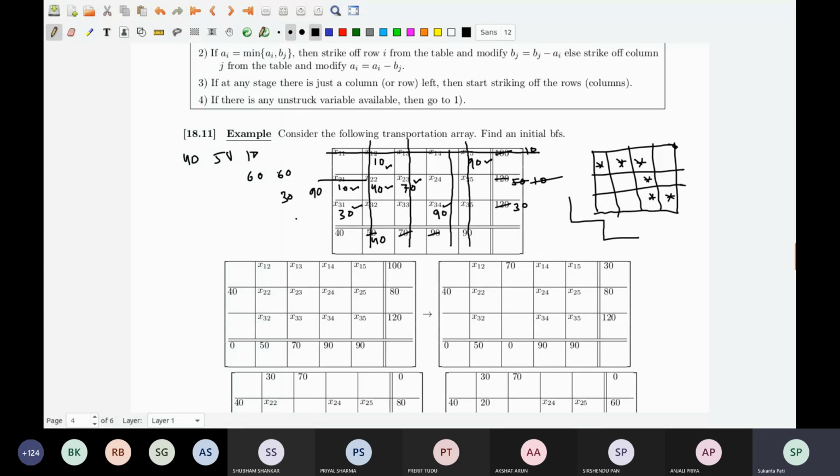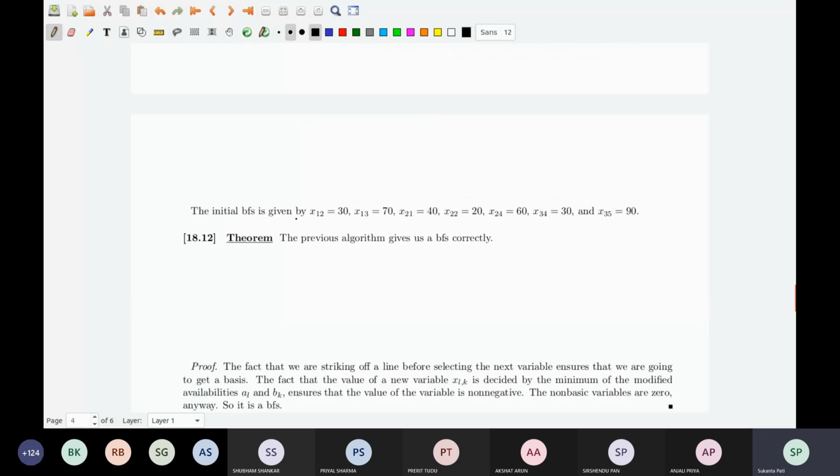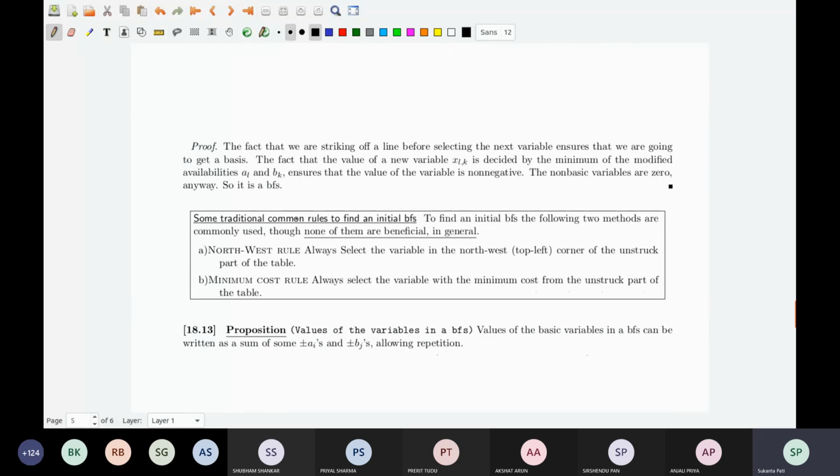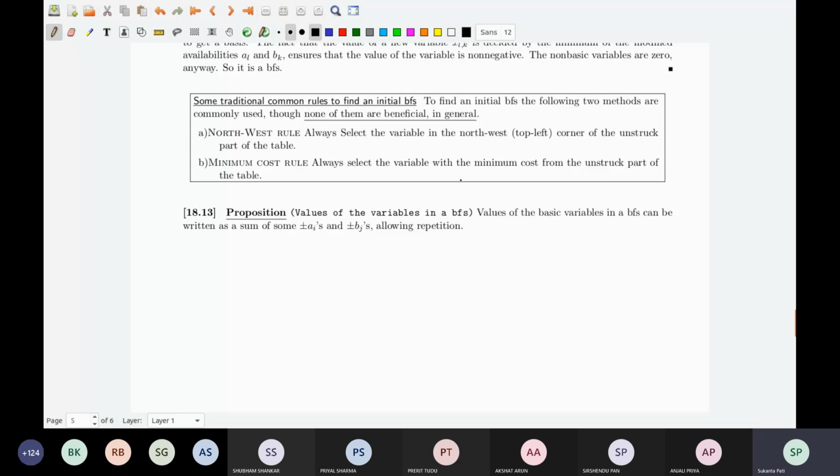And the other one is selecting variables that have the minimum cost. See, every variable means an edge and it has a cost of transportation. And what is your aim? My aim is to minimize the cost of transportation. Then select the cheapest edges. So that is another rule. Nothing is guaranteed.